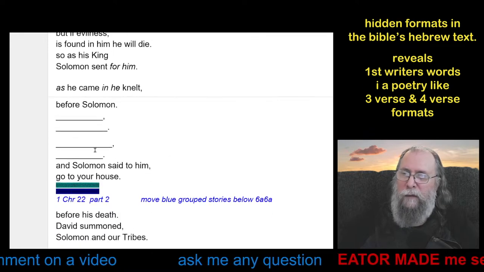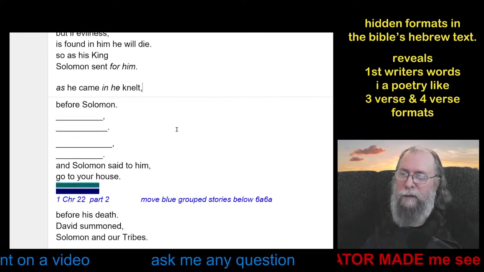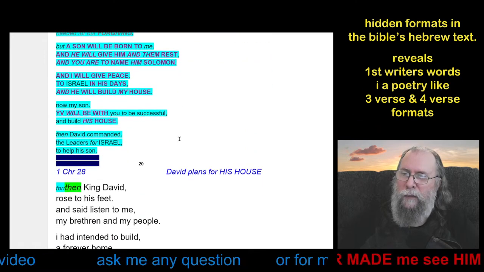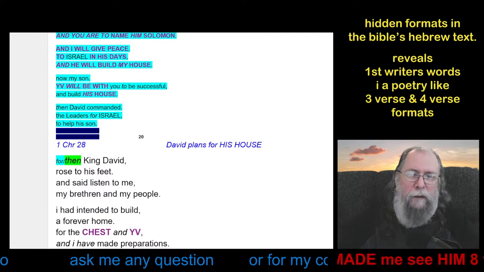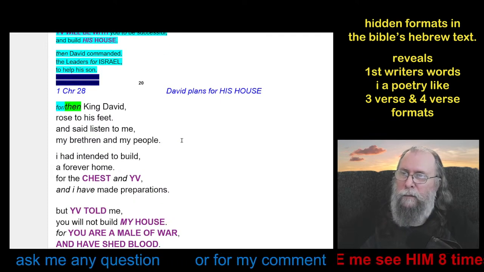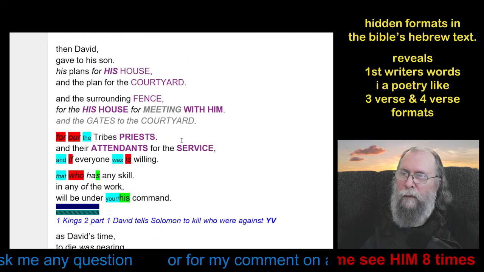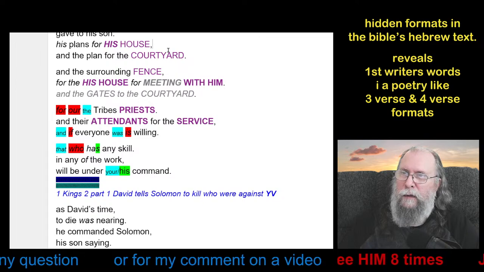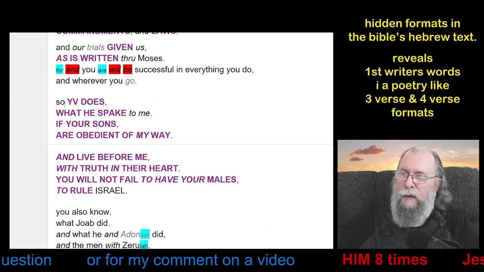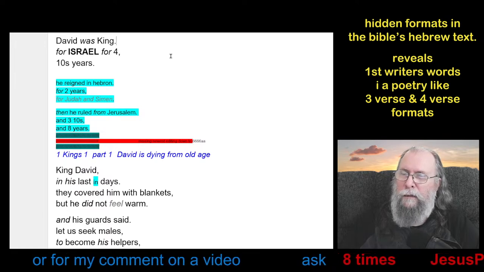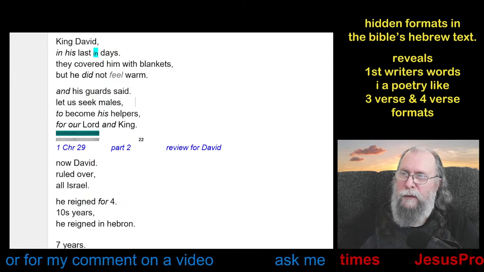I still don't have words for here and here. And then you can see I'm removing here. Is anything difficult there to understand what I did? Again, it helps me read the text.